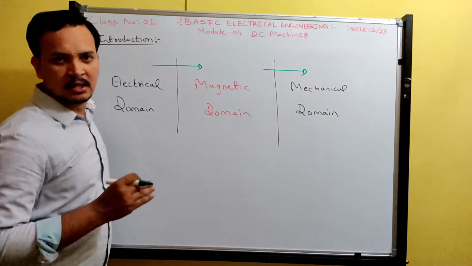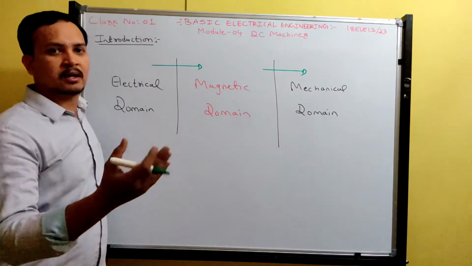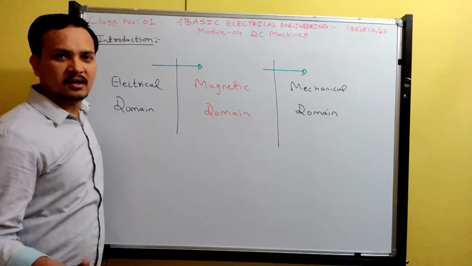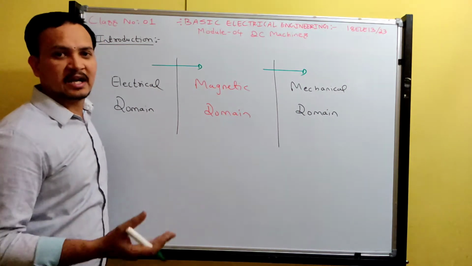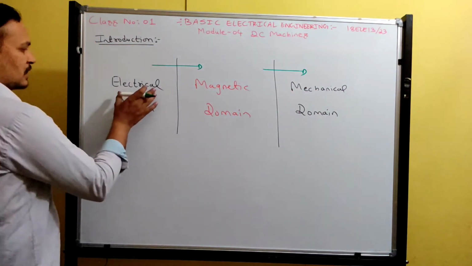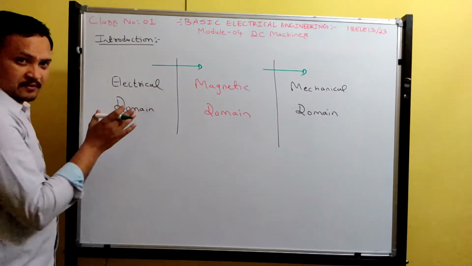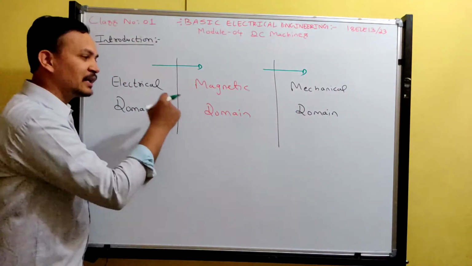Definitely they will ask this question in the viva. How does the energy conversion take place? How does electrical get converted to mechanical? You should say it is due to the magnetic domain. The medium for energy conversion is what? Magnet.